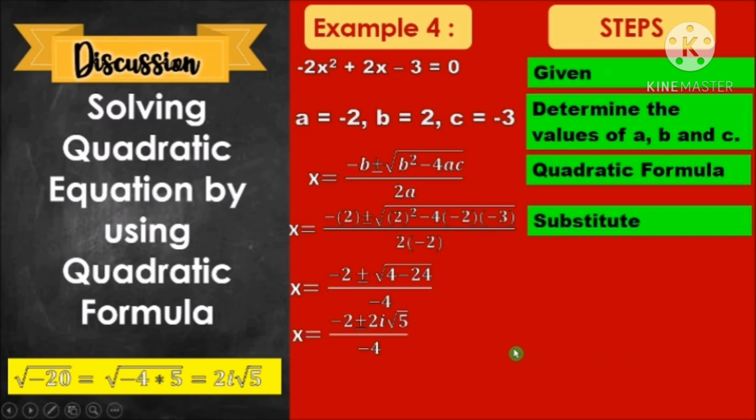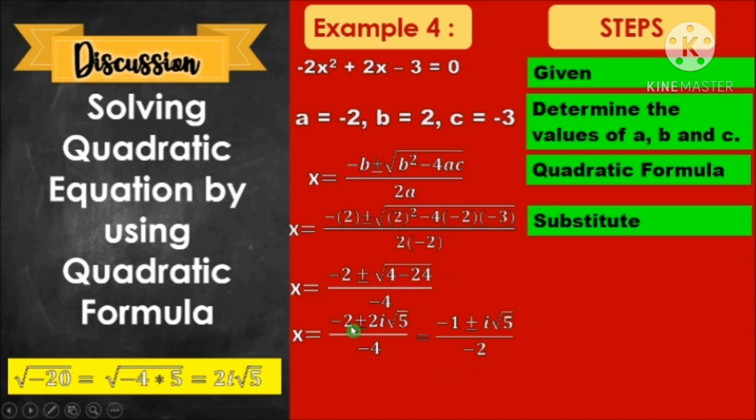Then, sulat natin. X now is equal to negative 2 plus minus 2i square root of 5 na nakuha kanina all over negative 4. Then, pwede pa natin i-divide yung mga terms na whole number so that we can have negative 1 plus minus I square root of 5 over 2.